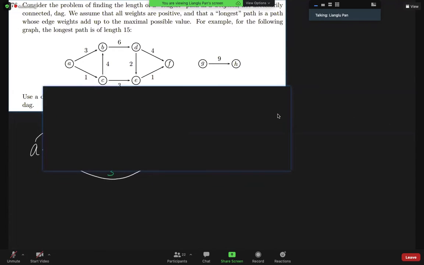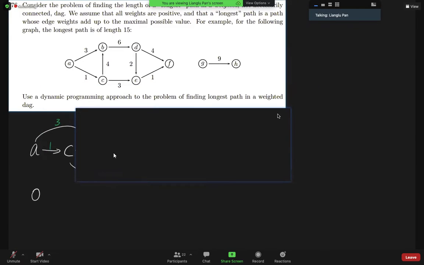Now the question I'm going to ask is, if we have a path ending at node A, what is the longest length or longest distance? I think in this case, it's pretty obvious. It should be 0. The reason is that there are no incoming edges from anywhere to A. So if a path ends at A, it has to have a length of 0 because we couldn't even find a path.